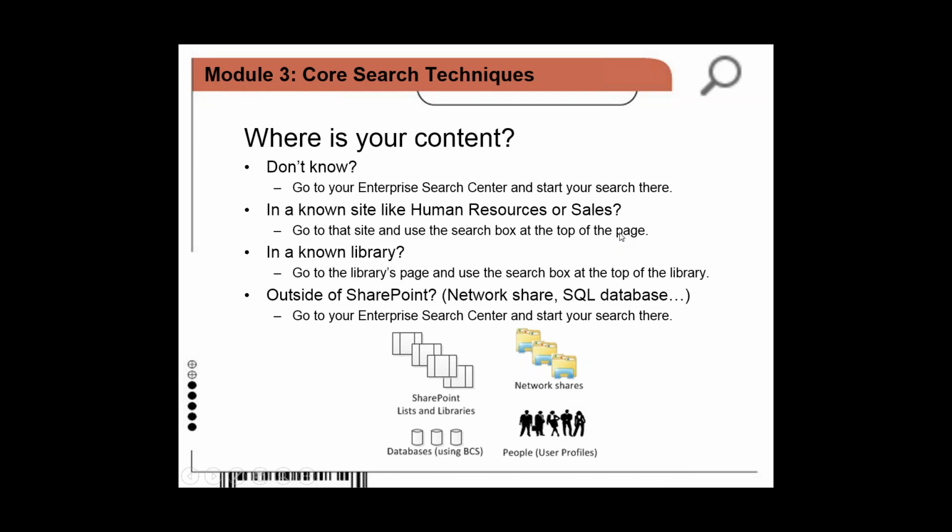It will search in that site, its lists and libraries, and all the subsites below it. So you start out a lot more focused at that point instead of doing a Google search and searching for everything. If you know which library it's in, go directly to that library and type in the search box above it. And if it exists outside of SharePoint, go to your search center. That's the place, or the only place really, that you'll probably discover that external content.